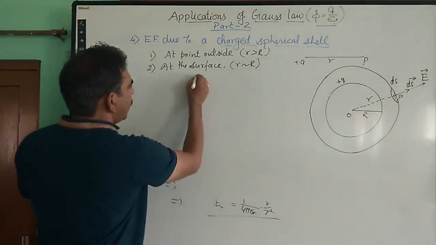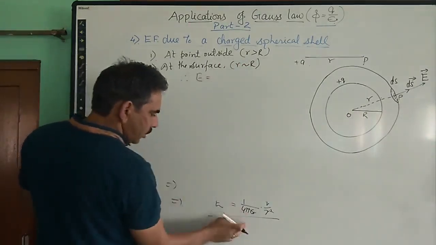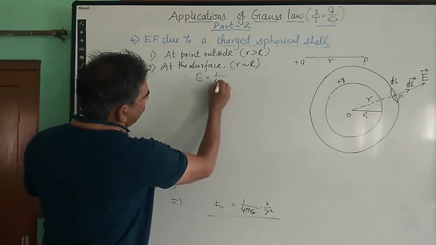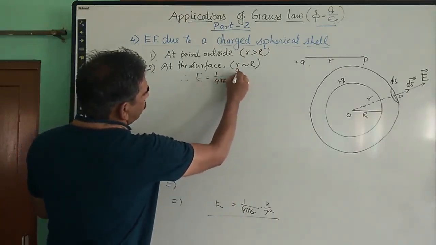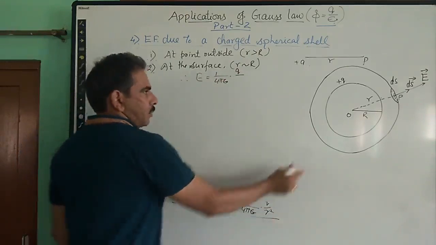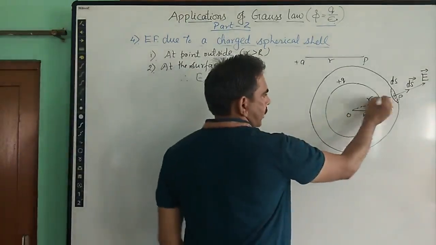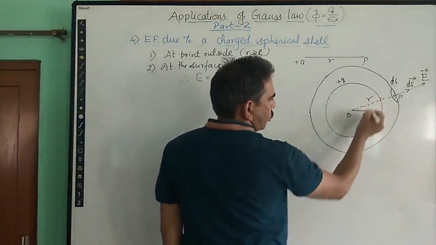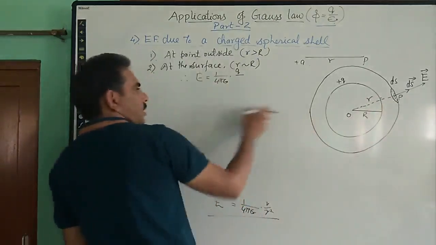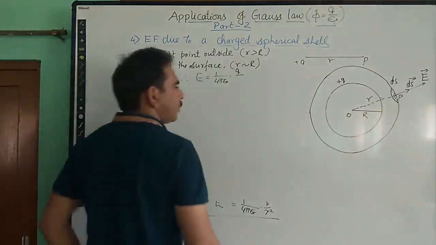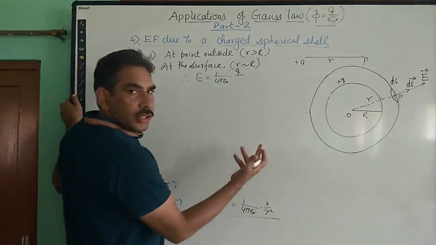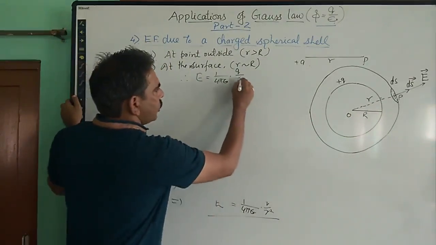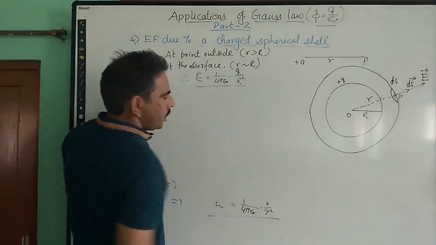So therefore the electric field turns out to be the same expression, 1 upon 4 pi epsilon naught into q upon the distance, because the point is lying just outside the spherical surface, which is very close to R. So that means the Gaussian surface has radius equal to capital R, the radius of the spherical shell. So it is simply q upon R square. So this is the second expression.